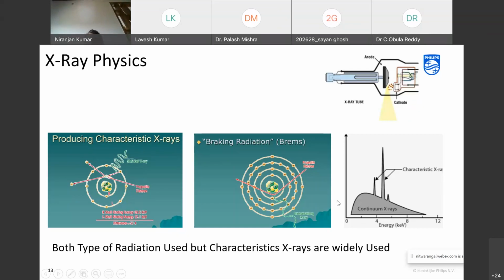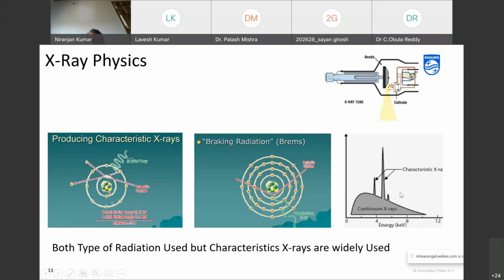So if you see the graph here, you give the energy, which is in kV. Once the electrons go into the atom, there will always be some radiation, which is called braking radiation.